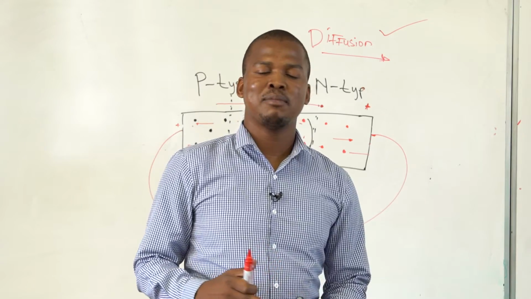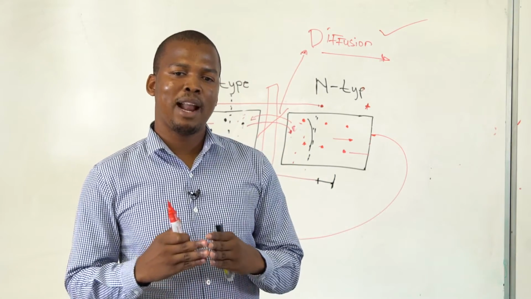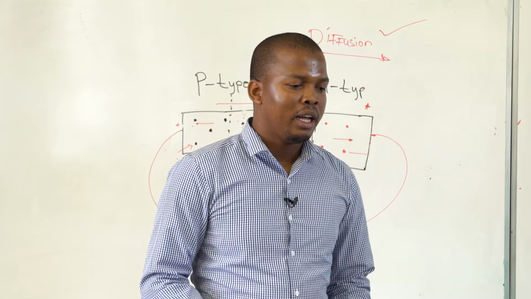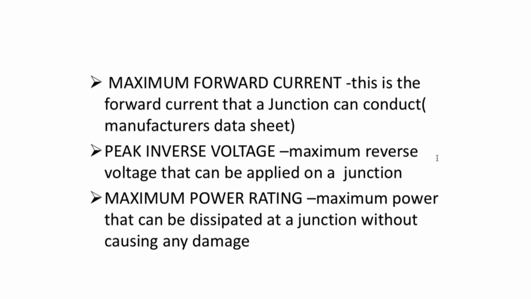It has the maximum current that you must apply on that electronic device. Again, the peak inverse voltage, the maximum reverse voltage that can be applied on a junction. The maximum power rating, the maximum power that can be dissipated at a junction without causing further damage.